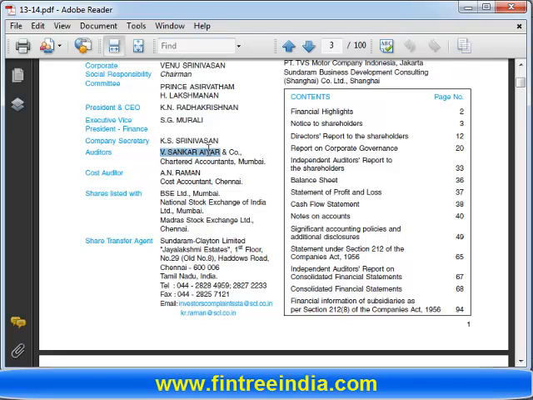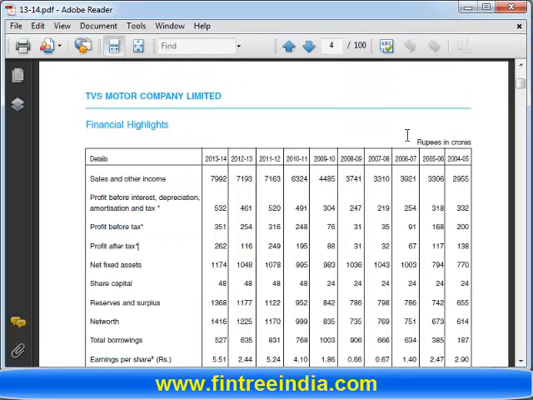Auditor: Shankar and Iyer Company, Mumbai. Share listed on Bombay Stock Exchange, National Stock Exchange. These are the content. Financial highlights, notice to shareholder, director reports to shareholder. So we'll try to go through all of these parts in step-by-step process.